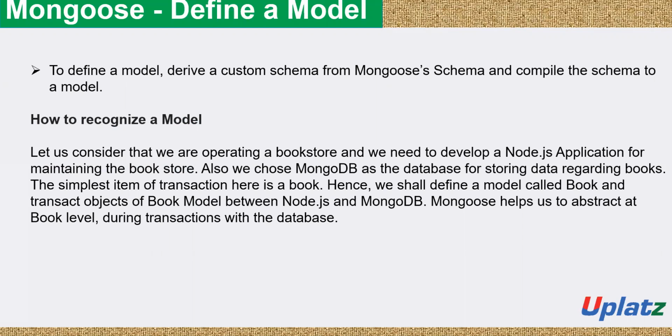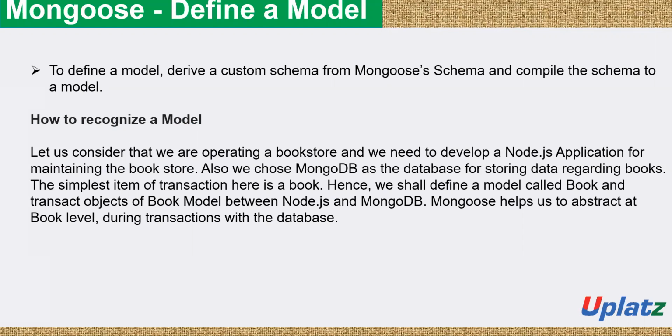So let's consider that we are operating a bookstore and we need to develop a Node.js application for maintaining the list of books related to that bookstore. For example, we have chosen MongoDB as a database for storing the documents related to those books. The simplest item of transaction here is a book. Hence, we shall define a model called book and transact objects of the book model between our Node.js and MongoDB.